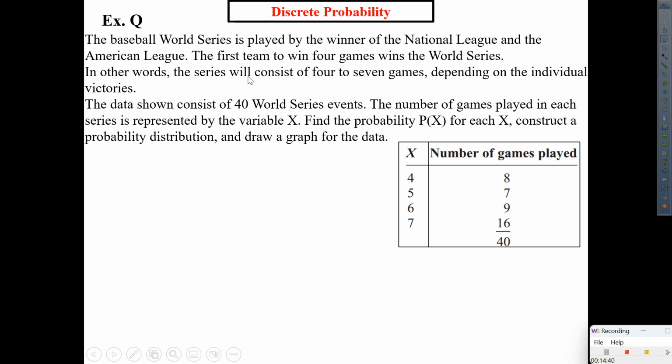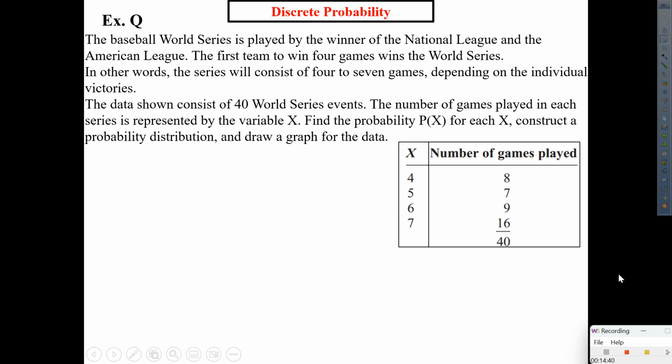In other words, the series will consist of 4 to 7 games depending on the individual victories. The data shown consists of 40 World Series events. The number of games played in each series is represented by the variable x. Find the probability P of x for each x, construct a probability distribution, and draw a graph for the data.